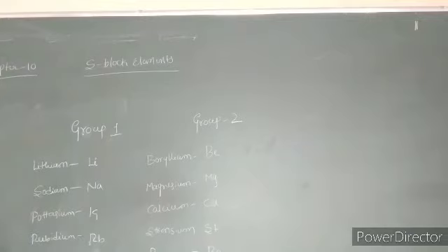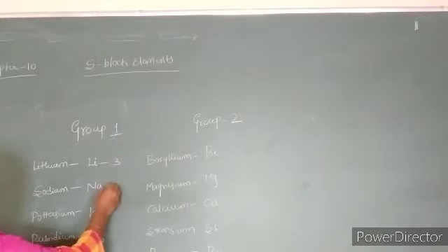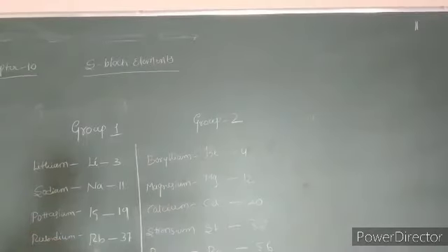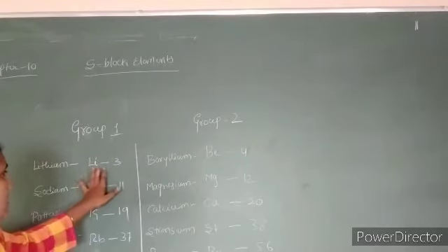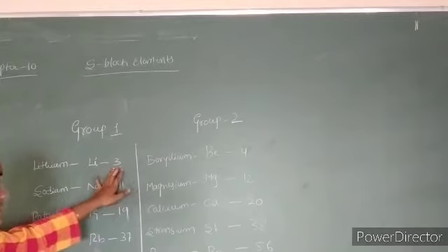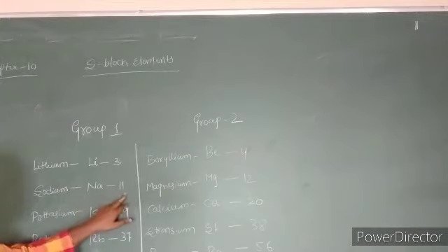And if you see the atomic numbers of group 1 elements: lithium, symbolized as Li, has atomic number 3, and sodium, Na, has atomic number 11. Potassium is K, atomic number 19.